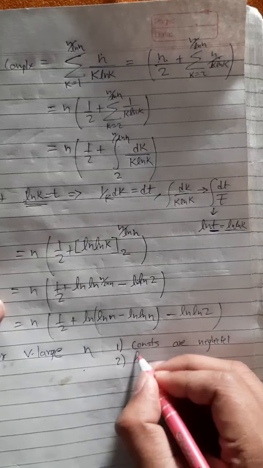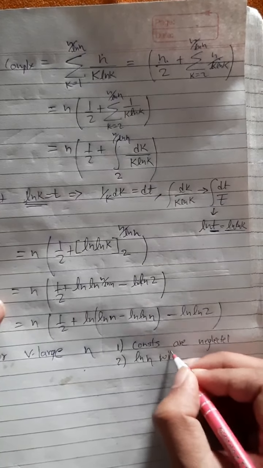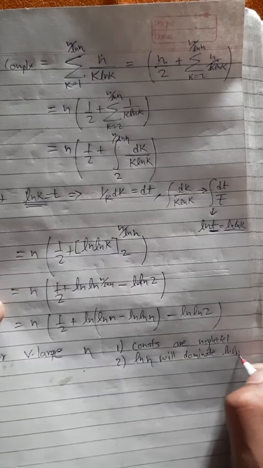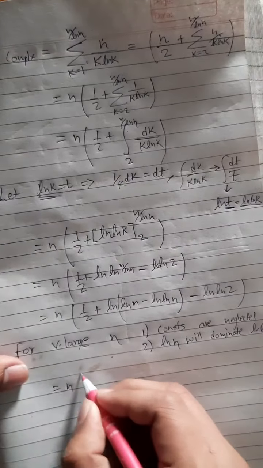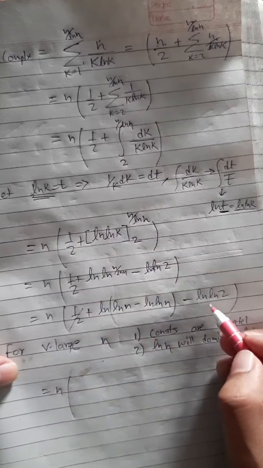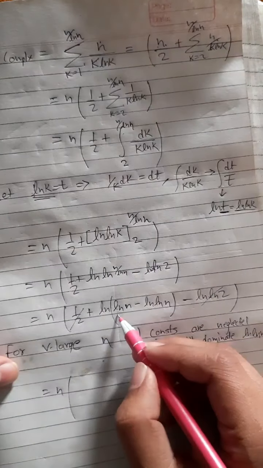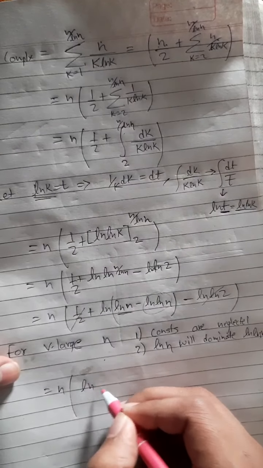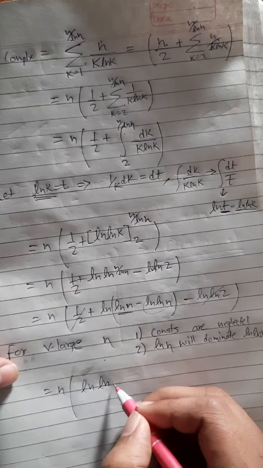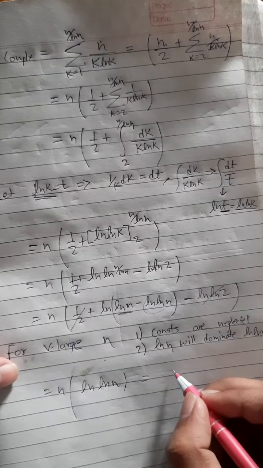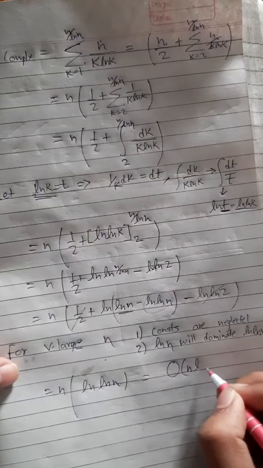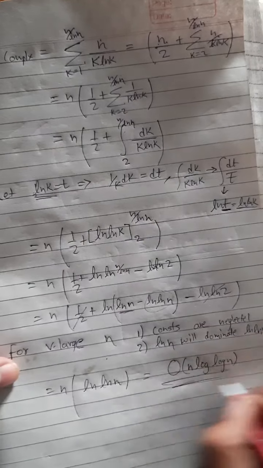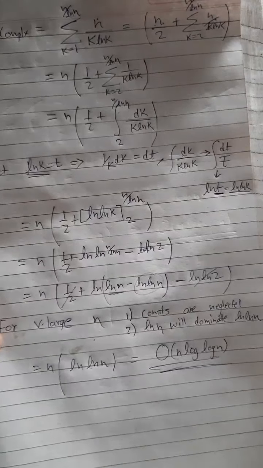The second fact that I'm writing here is ln n will dominate ln ln n. So the following expression becomes, so this and this are constants, so they are neglected, and ln n will be dominating over this ln ln n. So it becomes ln of ln n. So overall the time complexity becomes big O of n log log n. So this is the time complexity of Sieve of Eratosthenes.